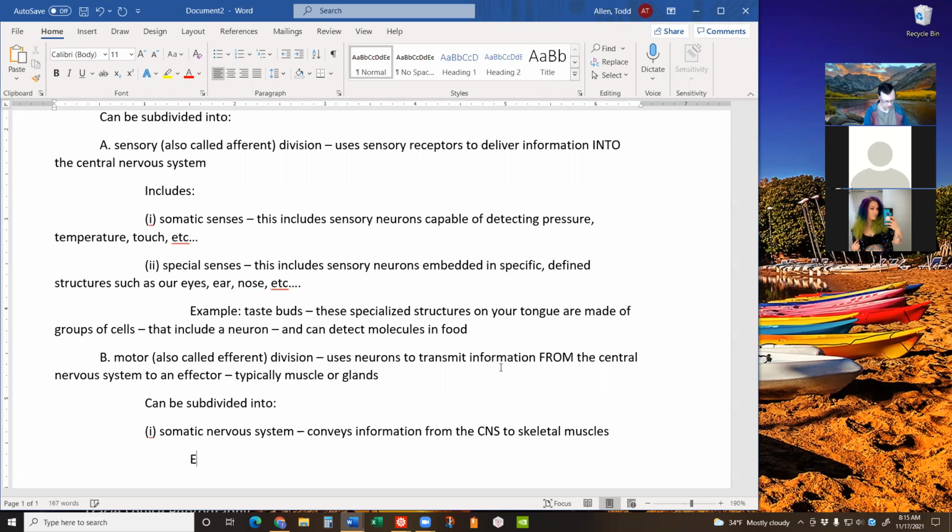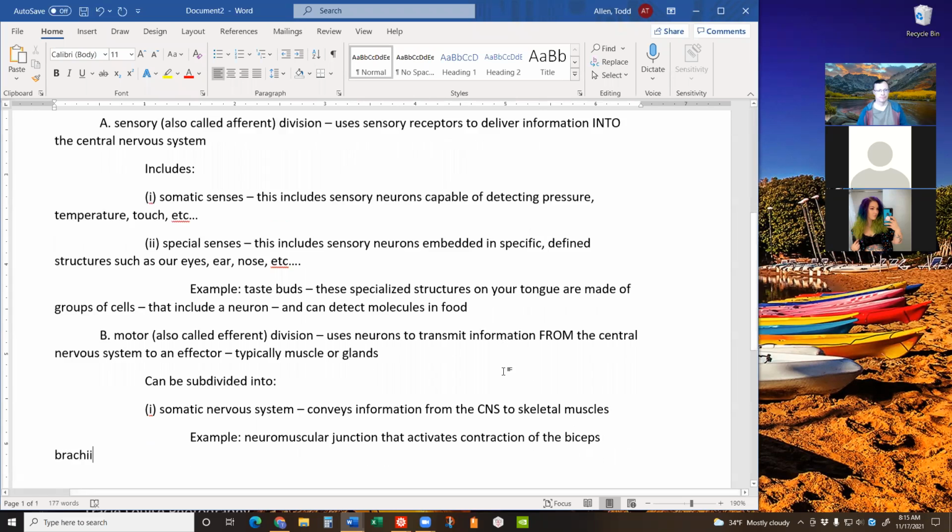Okay, so again, an example here would be the neuromuscular junction that activates contraction of the biceps brachii muscle. Okay.